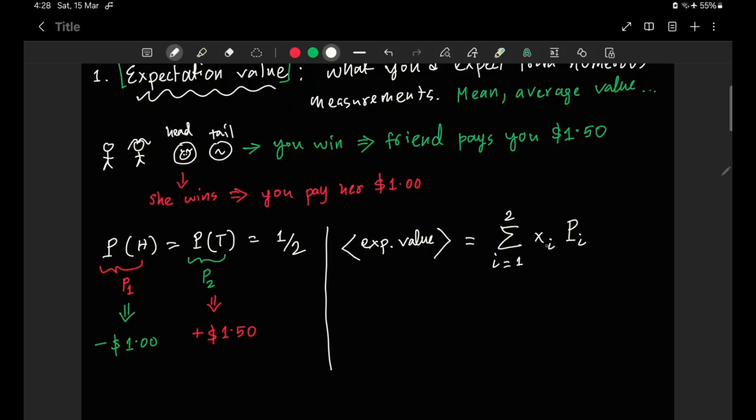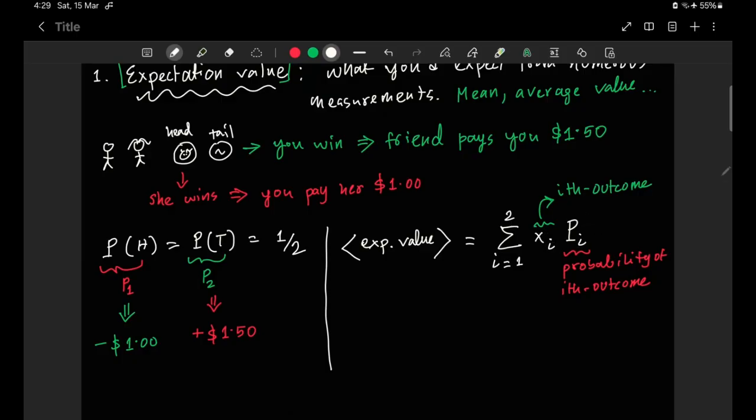So x_i is the i-th outcome for you, and p_i is the probability of the i-th outcome. All right. And at the end, we sum over all of the possible products of this.